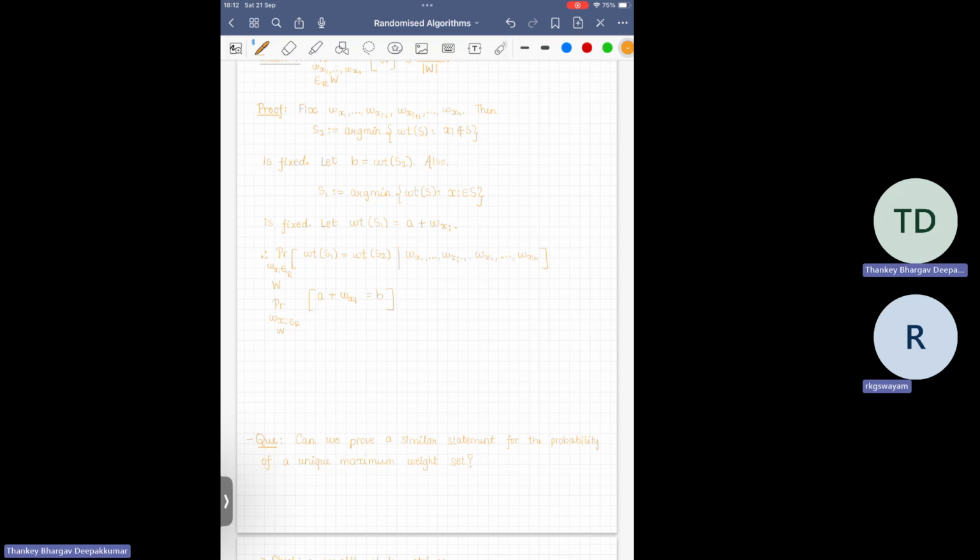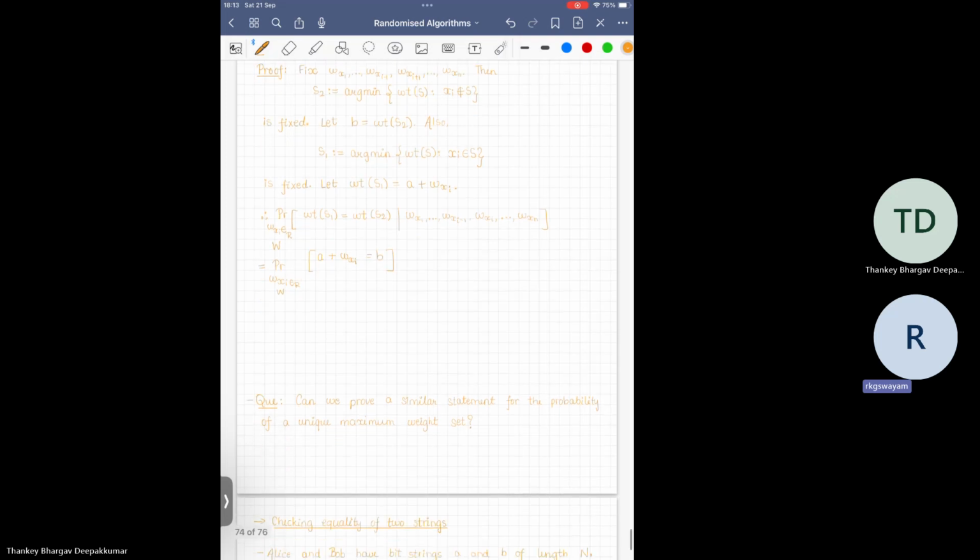So the weight of S1, given x_1 ... x_{i-1}, x_{i+1} ... x_n, is the probability of picking the value of any x_i.